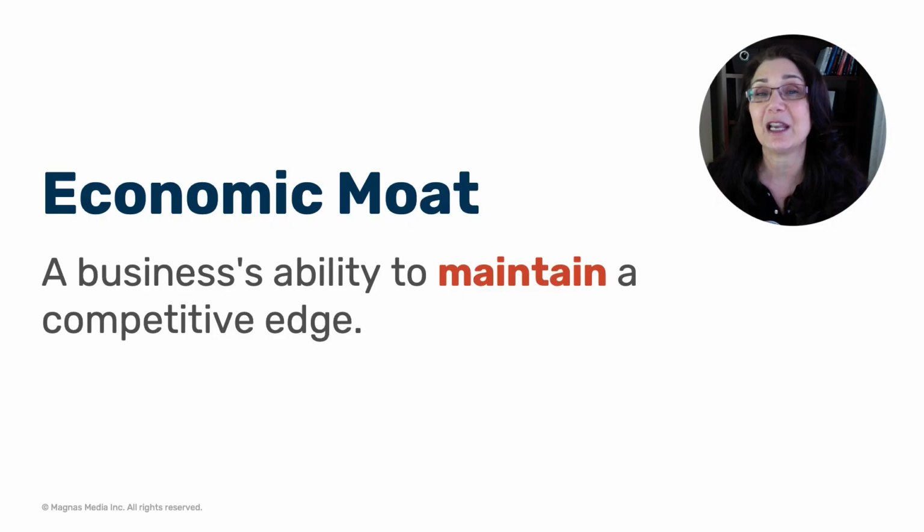Now, that competitive advantage and a way where you're able to compete in a format where others are not able to copy you very quickly is appealing to investors. And they even have a word for it. It's called economic moat, which means it's your business ability to maintain that competitive edge. It means that you're not only competitive now, but you have something to help you stay competitive over at least the foreseeable future.